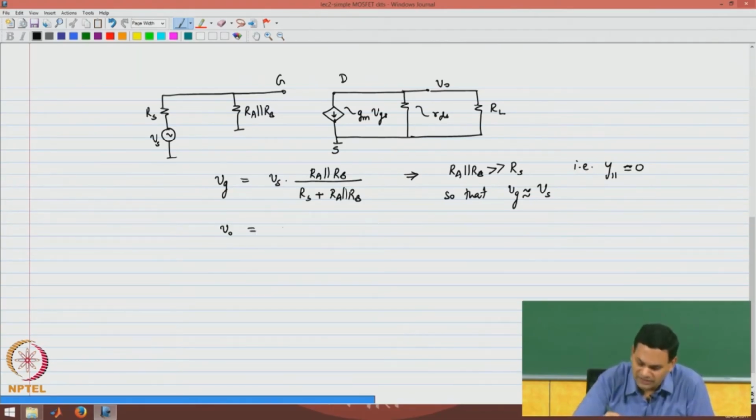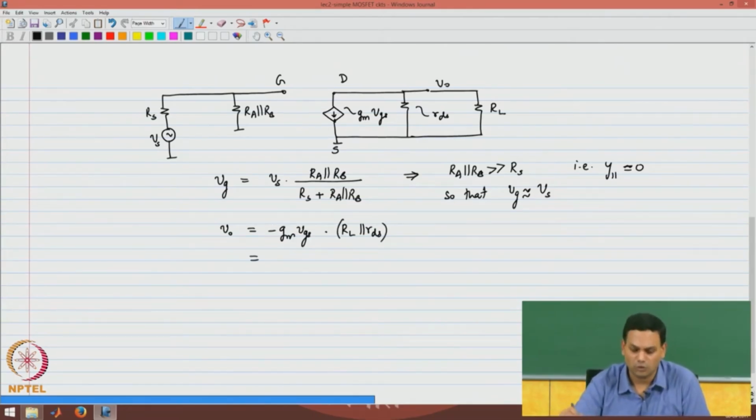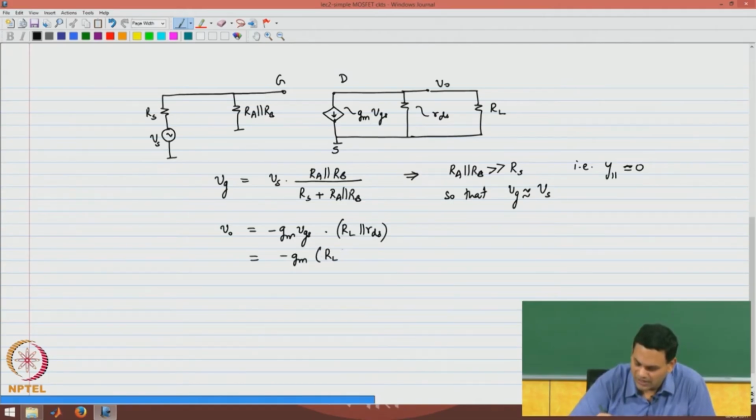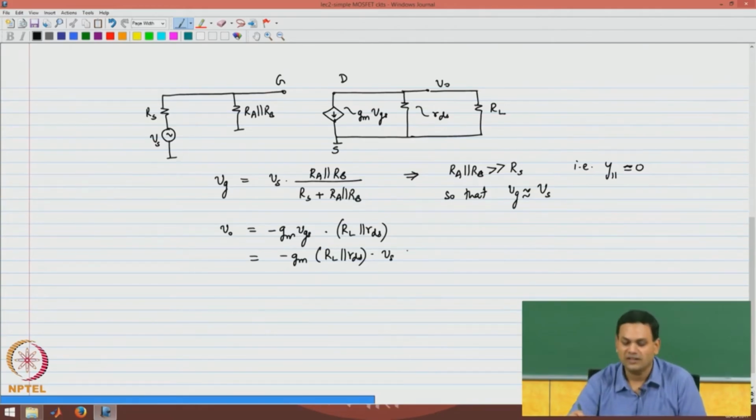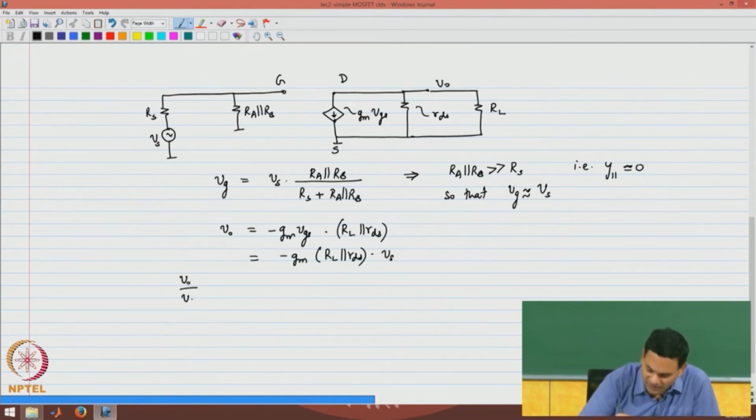The voltage at the output is nothing but gm VGS times RL parallel RDS, and with a negative sign of course, because the current is being pulled out of the node for a positive source voltage, and this is nothing but minus gm into RL parallel RDS times Vs, assuming that Vg is approximately equal to Vs. Therefore, the gain of the amplifier Vo by Vs is minus gm into RL parallel RDS.